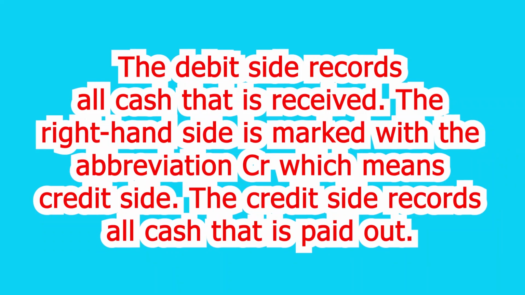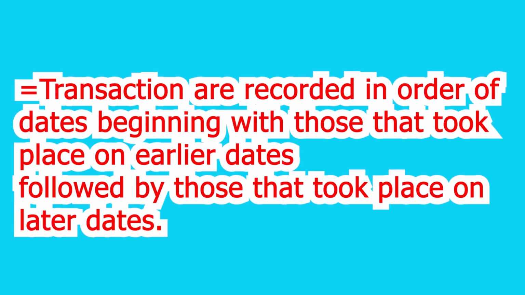The right hand side is marked with the abbreviation CR, which means credit side. The credit side records all cash that is paid out. Then transactions are recorded in order of dates, beginning with those that took place on earlier dates, followed by those that took place on later dates.